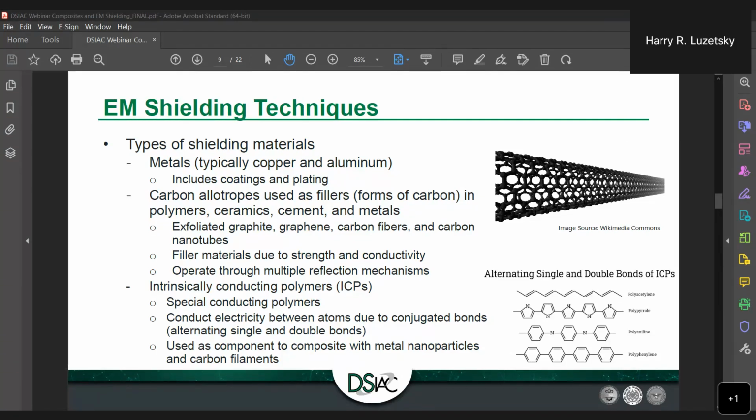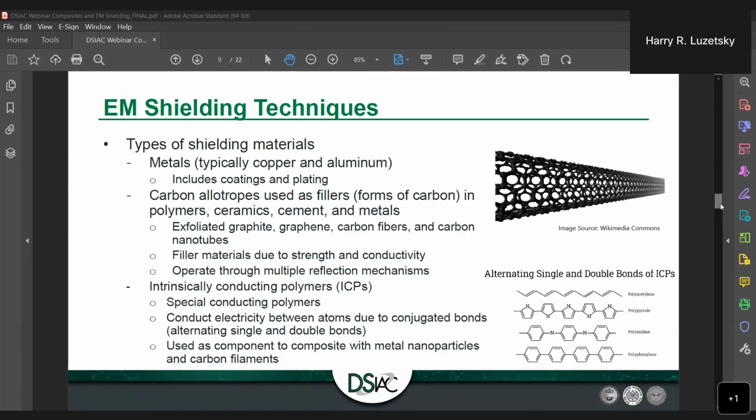One other area where there has been some work is intrinsically conducting composites, and that is really done based on the chemistry, if you will, of the composite itself. And this is usually used as a component to a composite with the addition of metal nanoparticles and carbon filaments. So it's not typically done by itself.